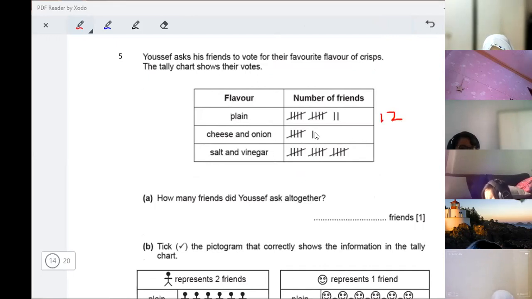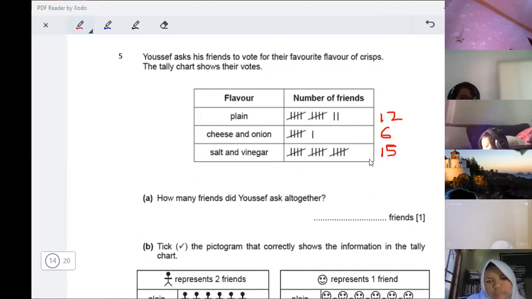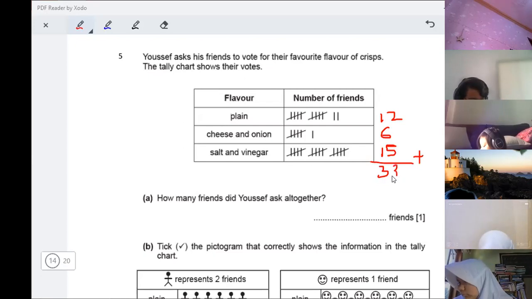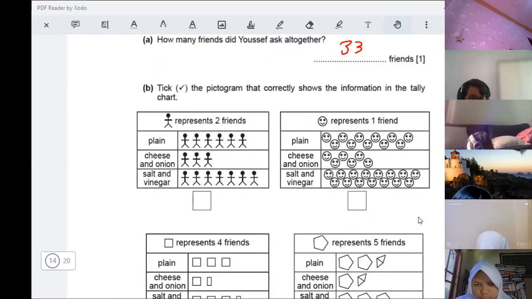How about the cheese and onion? 6. How about the salt and vinegar? 15. So how many friends did Yosef ask all together? 33. Is it correct, class? Yes.